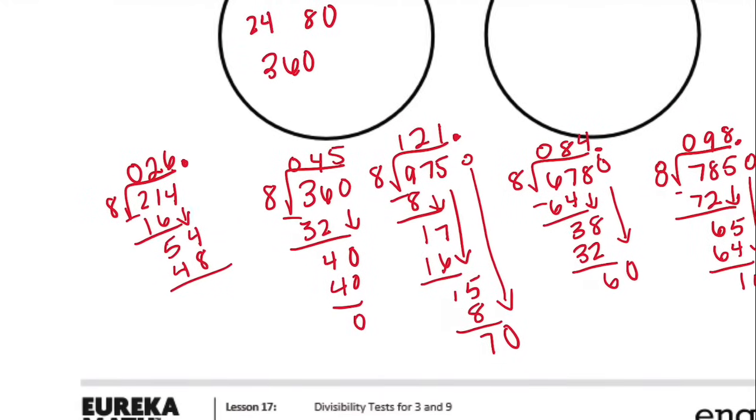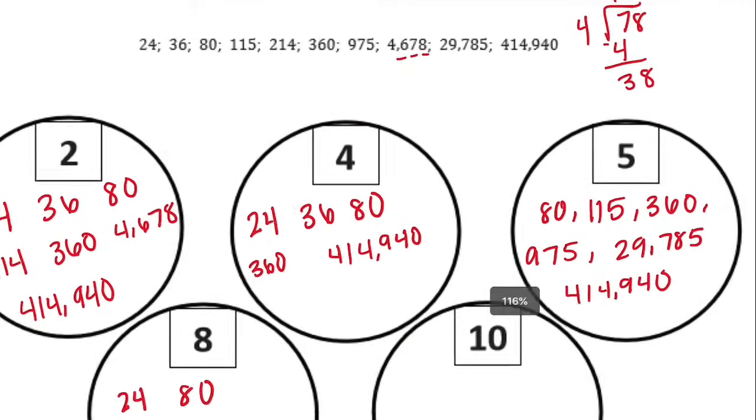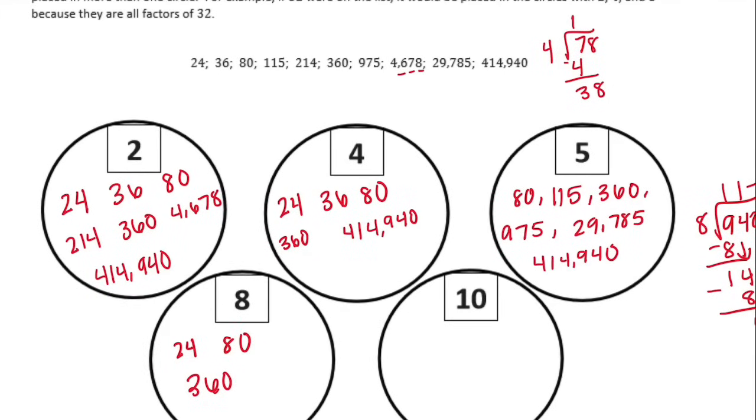So anything that ends in a 0, which would be 80, 360, and 414,940. Okay, so there they are.